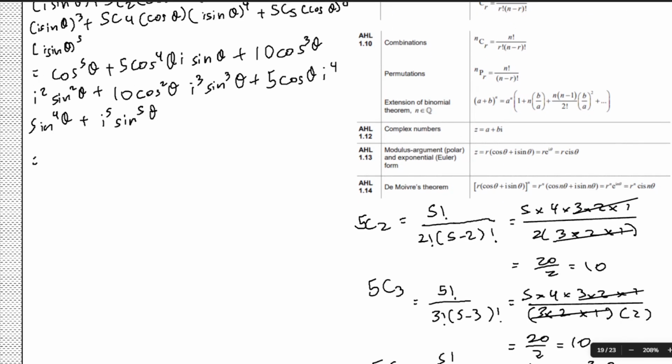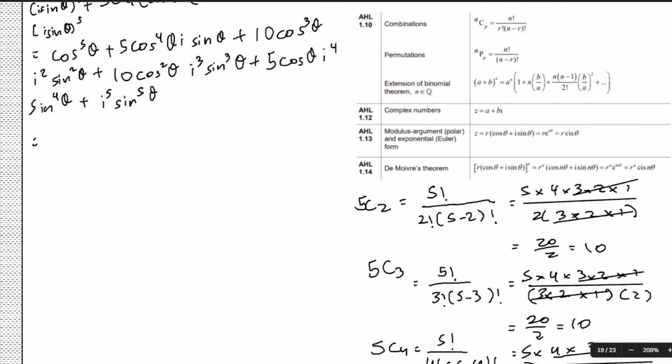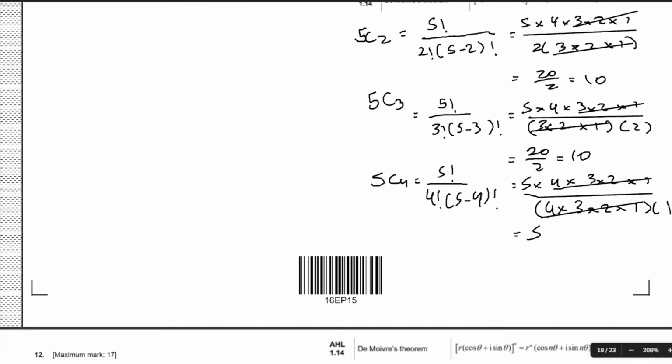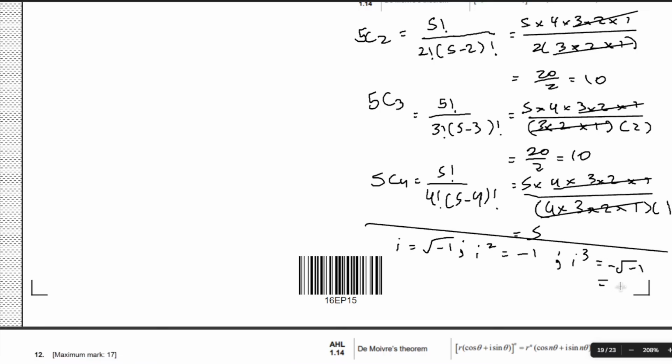Okay. So next we have to understand what are imaginary numbers. What is an imaginary number? An imaginary number is the root of -1. So if we go even further with this, i squared would be -1. Then our i cubed would be minus root of -1, which is minus i.